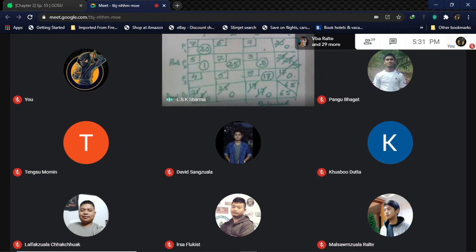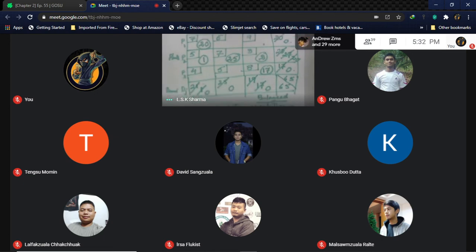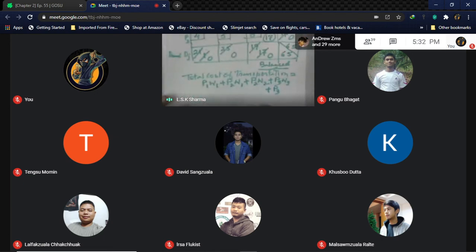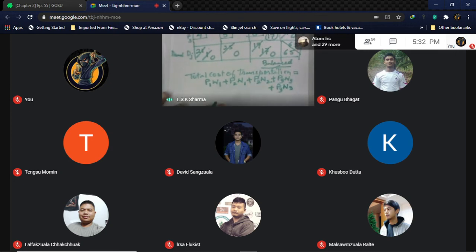The occupied cells are P1W1, then the next one is P2W1, then this one is P2W2 plus P3W3, and of course the last one is plus P3W3.